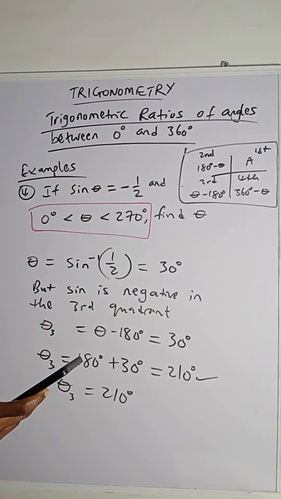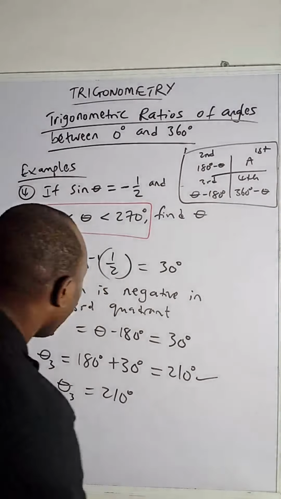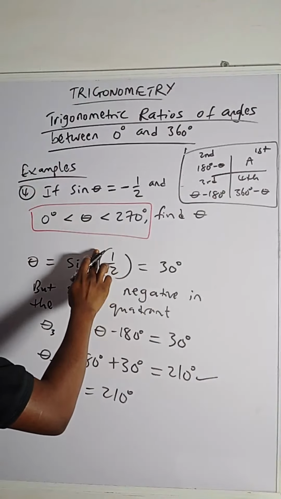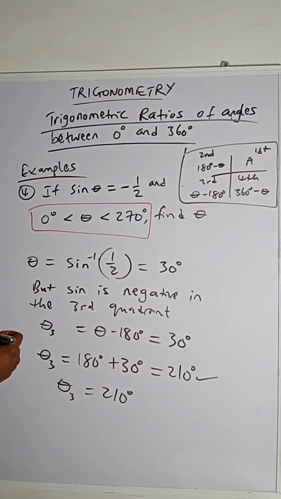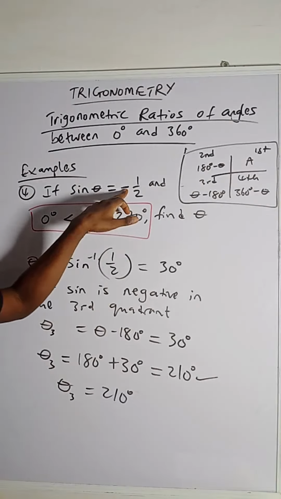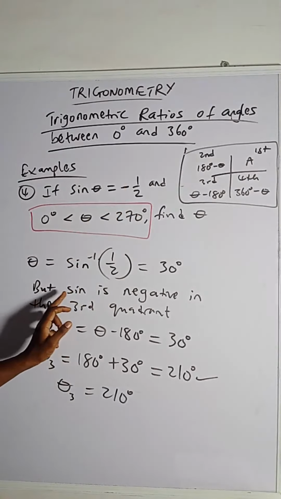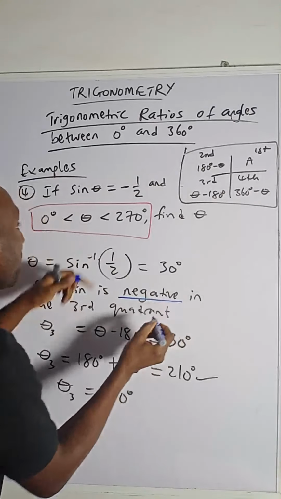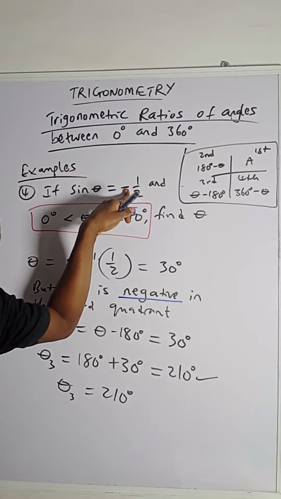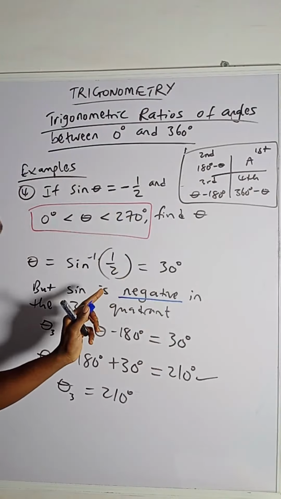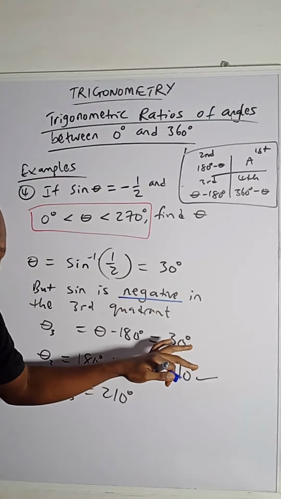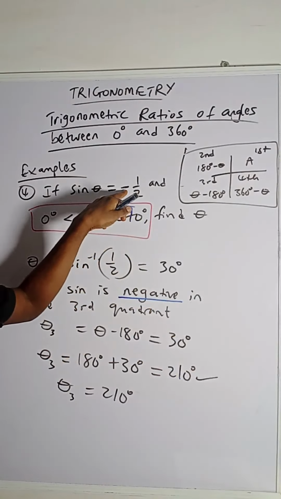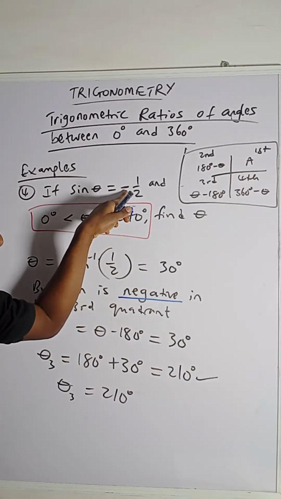Where did the negative of half go? I thought you would add it to find the sine inverse. We found the sine inverse. For the negative sign here, sine is negative. Because of this minus sign, we look for the quadrant where sine is negative.